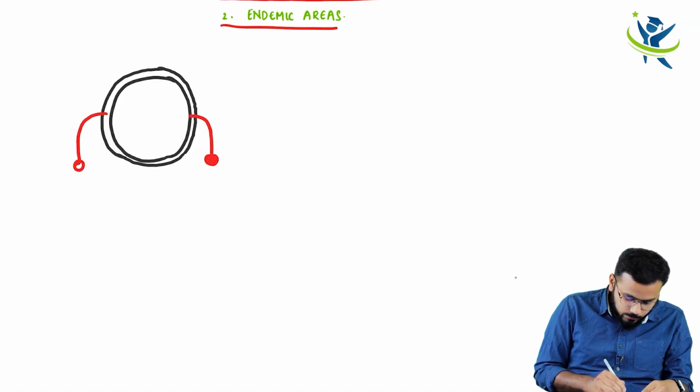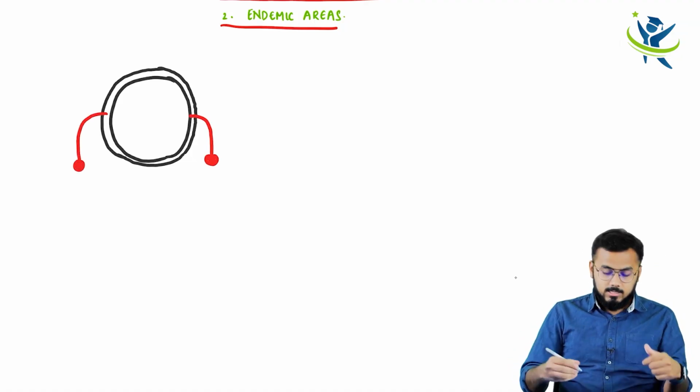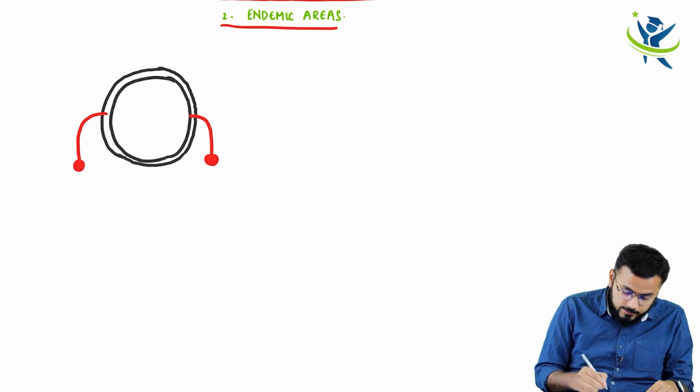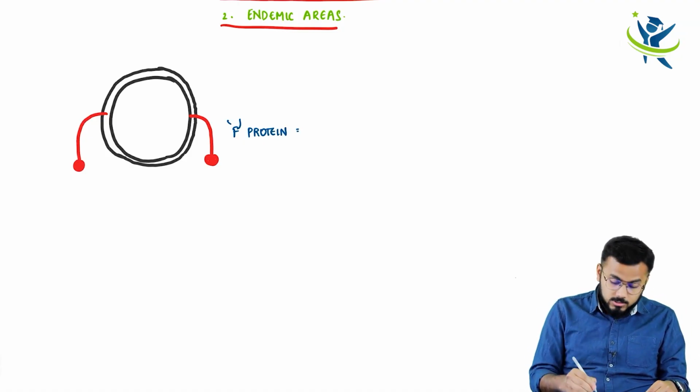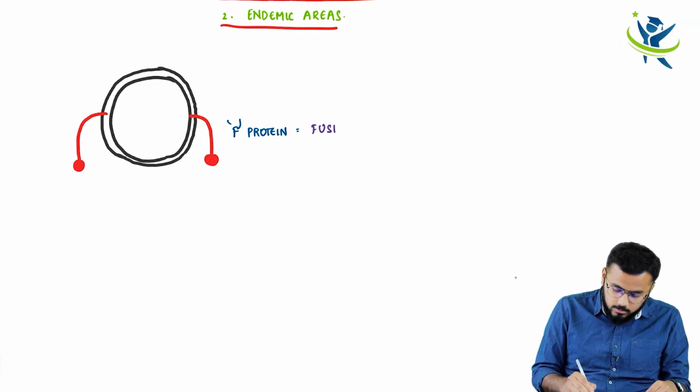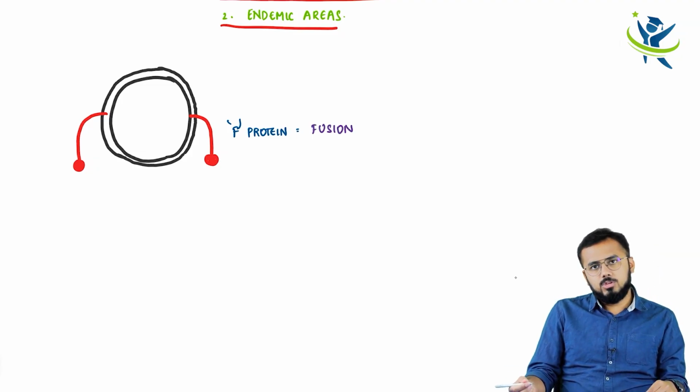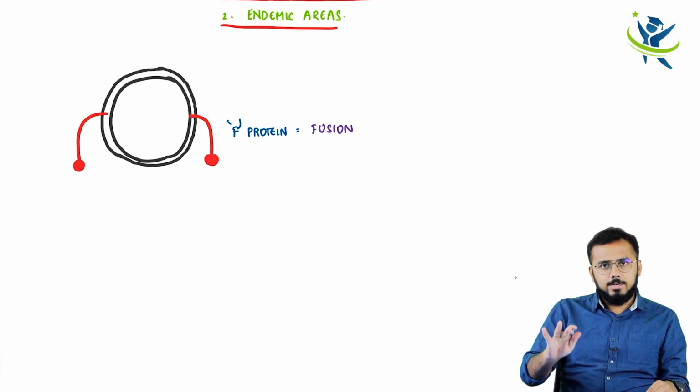What are these important things which you find on either side? These are called F protein. What is F protein? F protein is also called fusion protein. What is the function? I'll let you know.